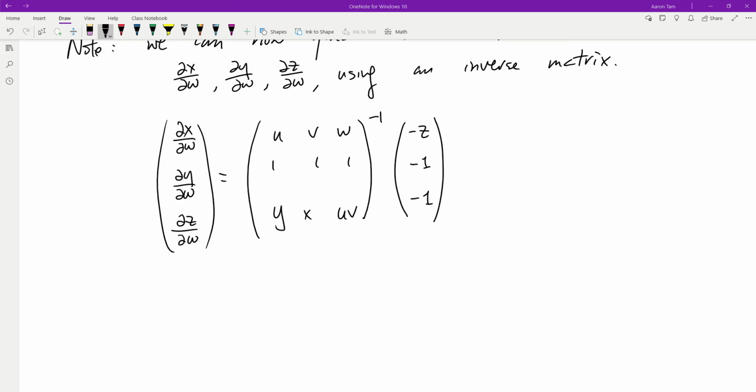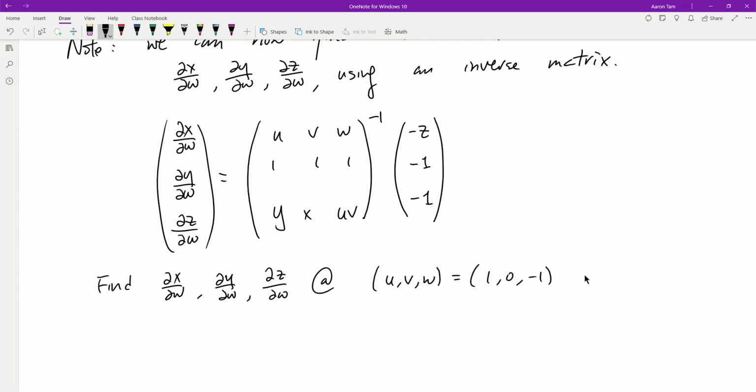So obviously we can't find the inverse with all the variables involved, but imagine I ask for the following. I'm going to ask you to find dx/dw, dy/dw, dz/dw at, let's say, (u, v, w) equal to (1, 0, negative 1), and let's say (x, y, z) is equal to (1, 1, negative 1).